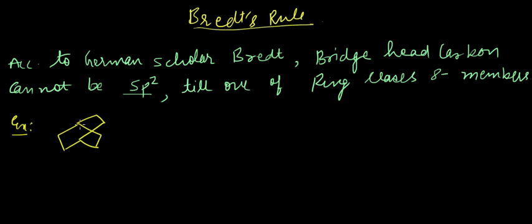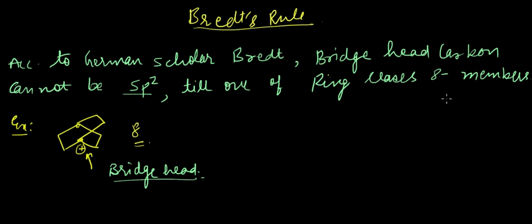So we have a positive charge here. This is the bridgehead carbon. Let's calculate how many carbon atoms are there. 1 2 3 4 5 6 7 8. So, till the ring reaches 8 members.